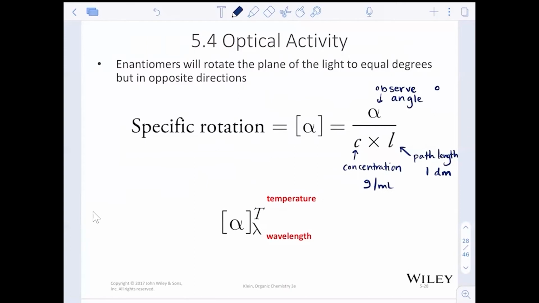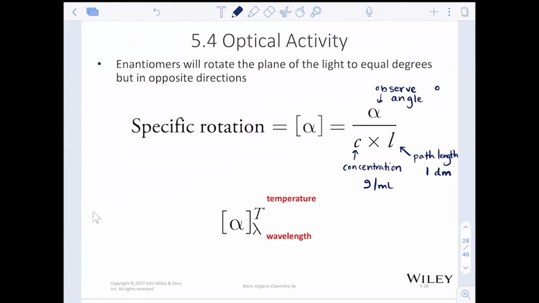Normally, a specific rotation is reported in a textbook, or it could be reported to you on a table with a temperature and wavelength. So the wavelength is based off of what light source. Normally, it's sodium or deuterium, some sort of a light source is used.